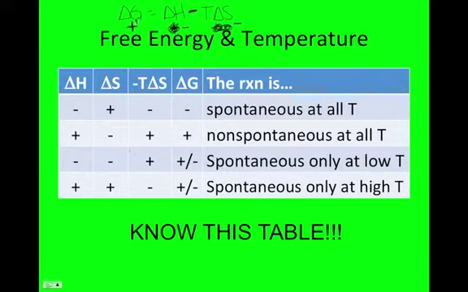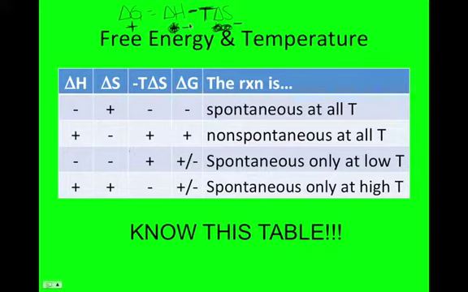The only way we're going to get delta G to be negative, to be spontaneous, is if delta H is bigger than this positive value, which means we need a low temperature. So for this situation where both H and S changes are negative, delta G will only be negative if we have a low temperature. That way it keeps this whole term small, so we are just adding a small amount to a negative number.